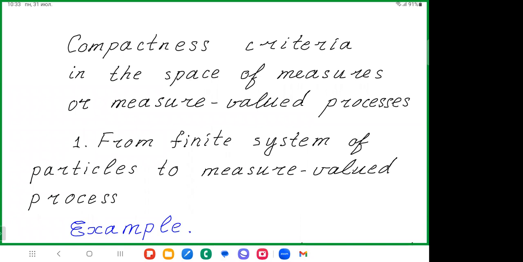So this is our plan, and let us begin with understanding why we need some special language for large systems of parts. Let us consider some known example of equations for a finite system of particles in Euclidean space.